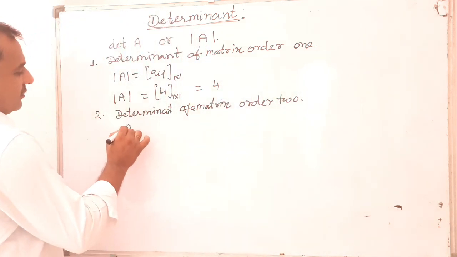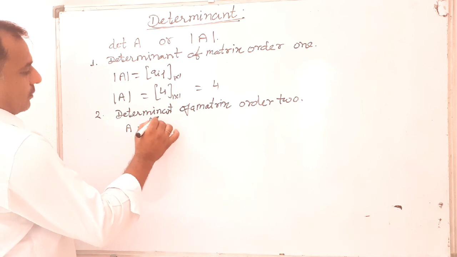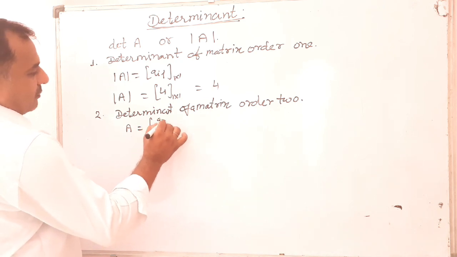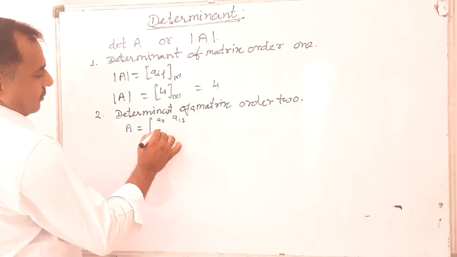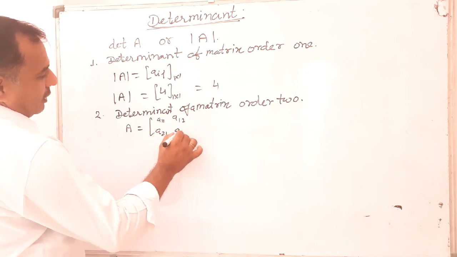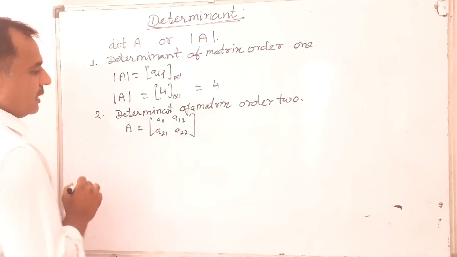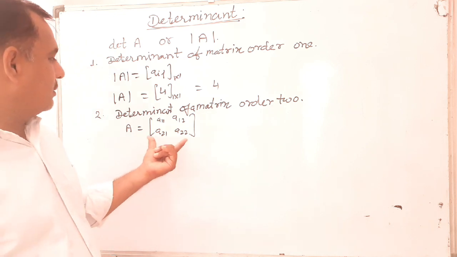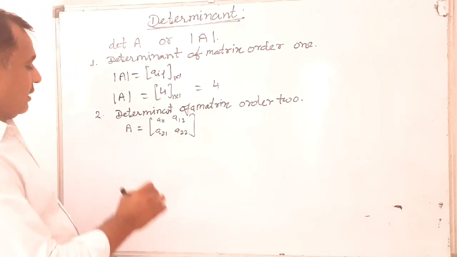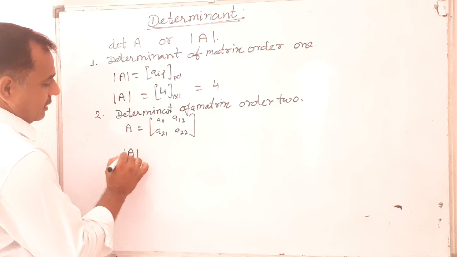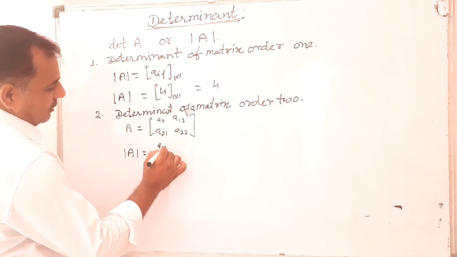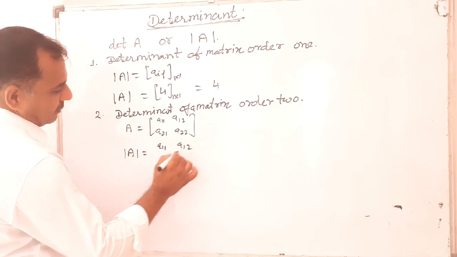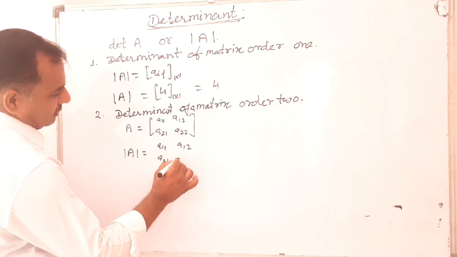Suppose the matrix is A equals A11, A12, A21, A22. Then convert into the determinant: determinant A equals |A11 A12; A21 A22|.